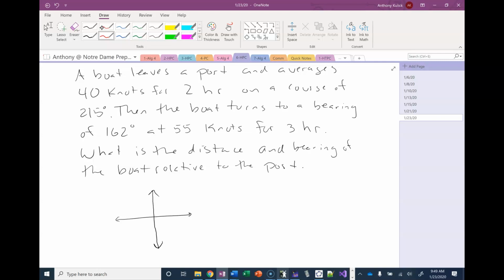You have to draw from the north. And which direction do we rotate? Clockwise. So 90, 180, 35 more is like my 215 degrees.